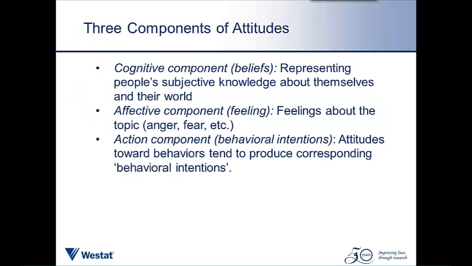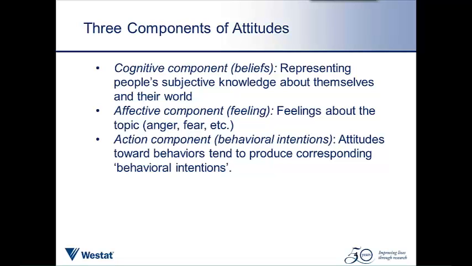There's three components of attitudes that we often ask questions about. The first being the cognitive component in terms of people's beliefs about a topic. What do they know about the topic? What are their feelings about the world around them? And the second area is the affective component, or people's feelings about a topic. What are their emotions?